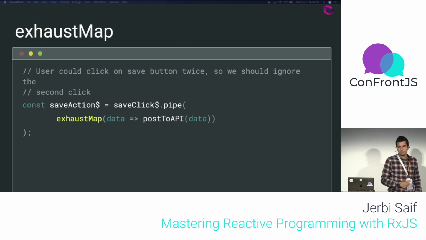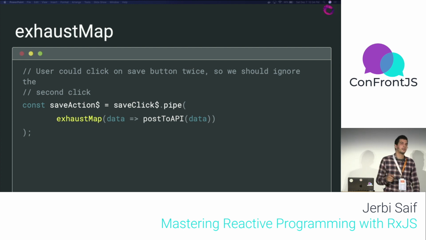Another example you may find is requesting a server to save my form. I have a form and I have a save button, and when the user clicks on this save button, I will request my backend.